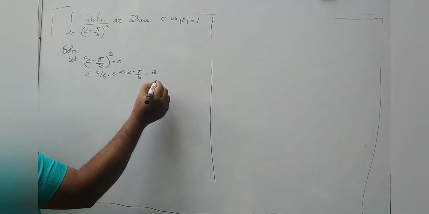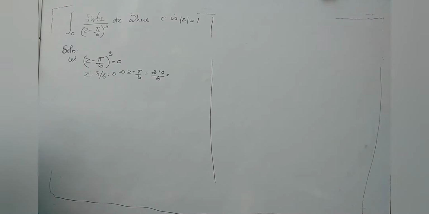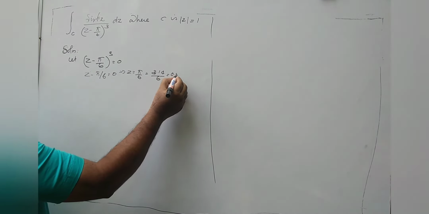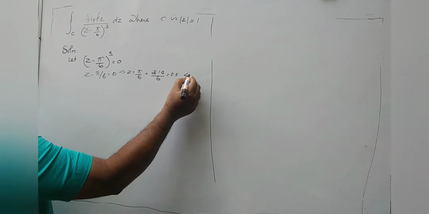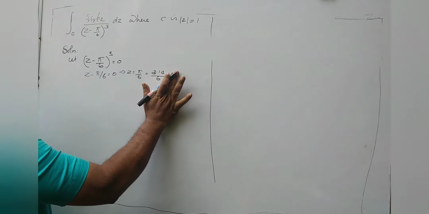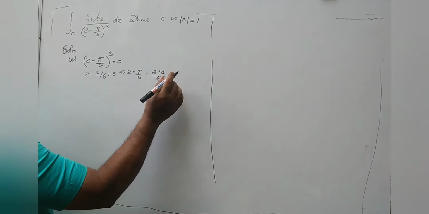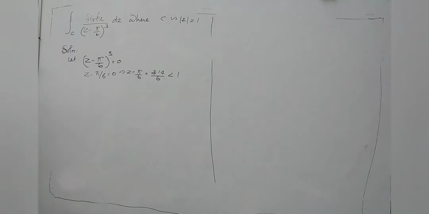That is 3.14 divided by 6. So that is equal to 0.5 something you can get. So it is definitely less than 1, because pi by 6 is roughly 1 by 2. So this is less than 1.